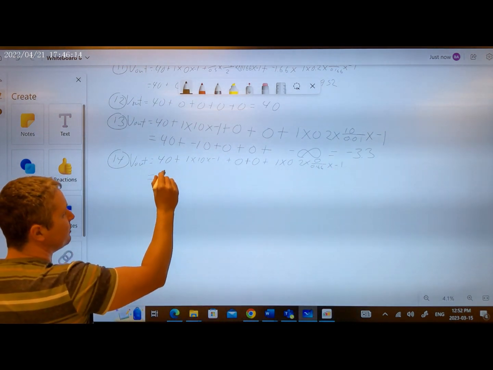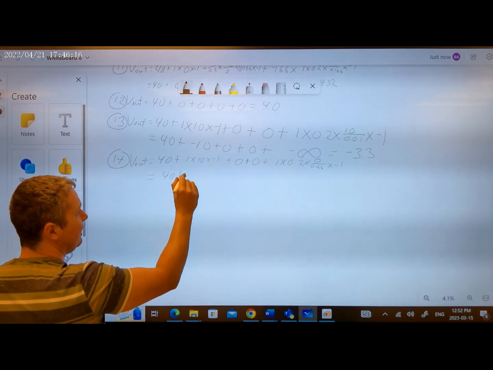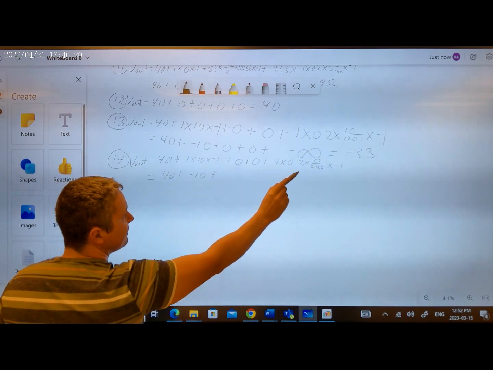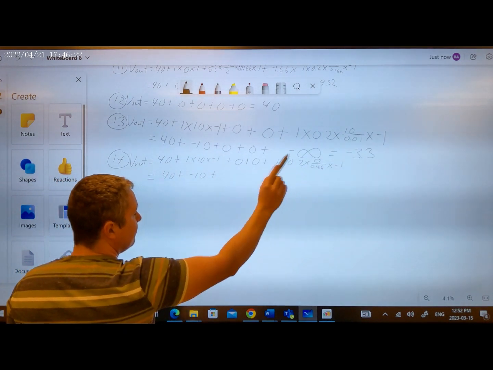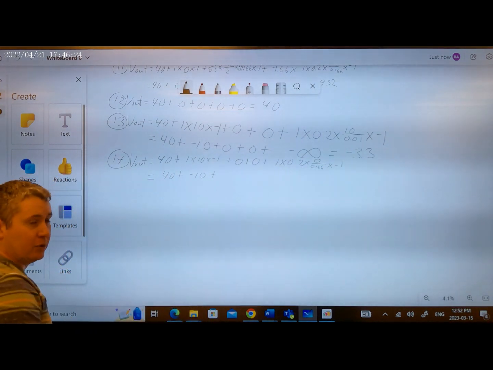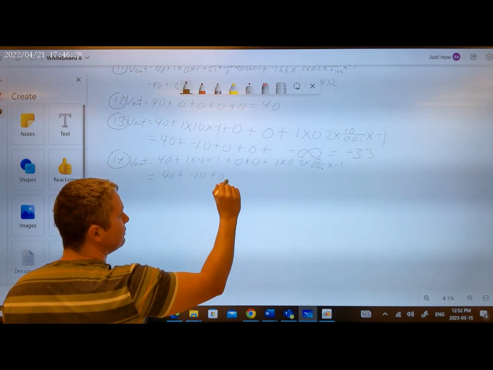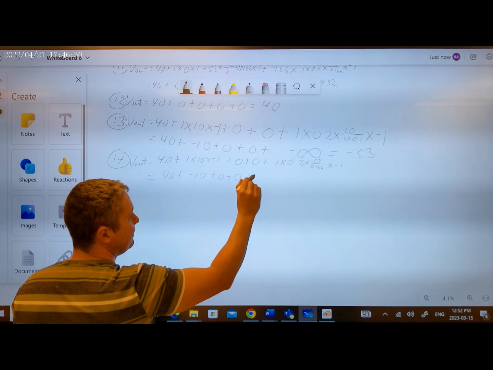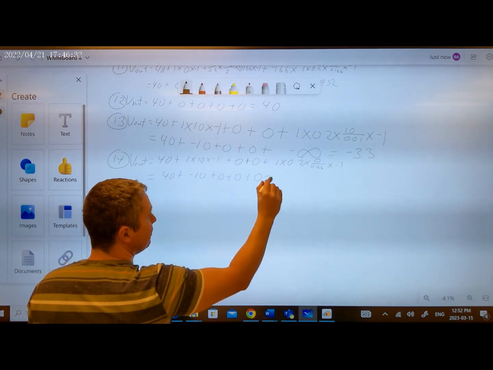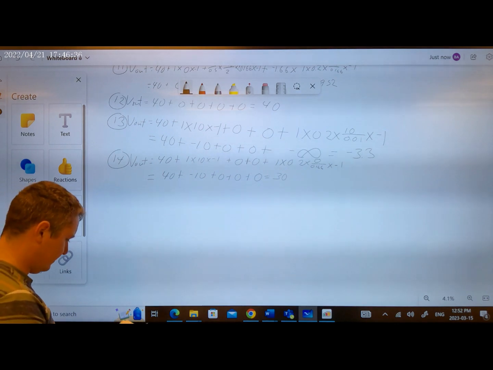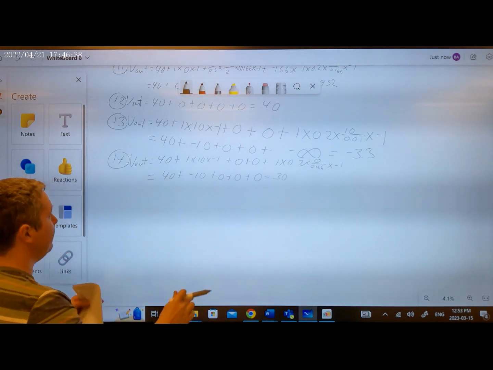That now equals 40 plus minus 10 plus, and that all equals 0 because there's 0 error. So, sorry, 0 new integral, 0 old integral, and 0 derivative, which equals 30. I got that right. 30, right on.